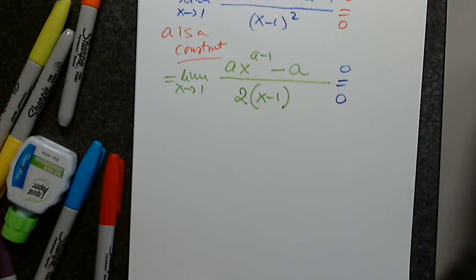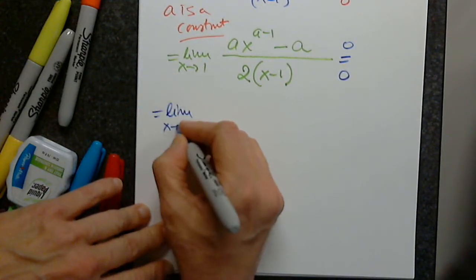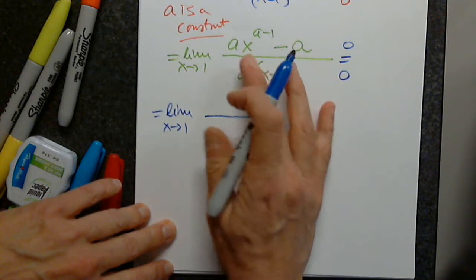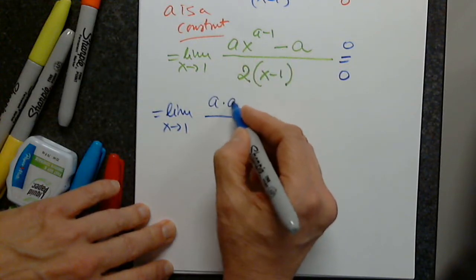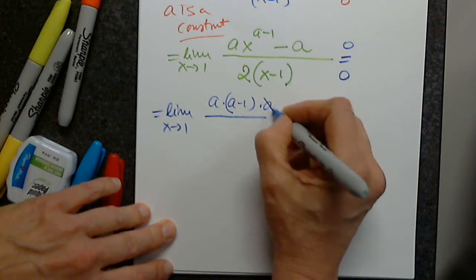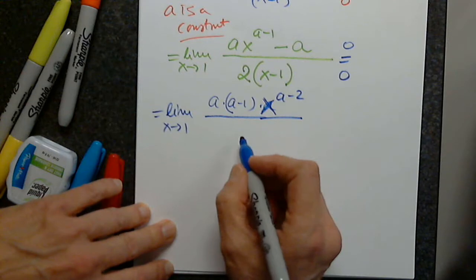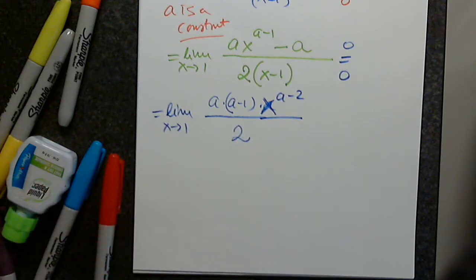So again, I start again. This is a function, it's a limit, it's a ratio. It's 0 over 0. I can apply L'Hopital's rule. So this is the limit as x approaches 1 of a times a minus 1 times x to the a minus 2 over 2, because it's 2x minus 2, and when I differentiate 2x minus 2, I get 2.